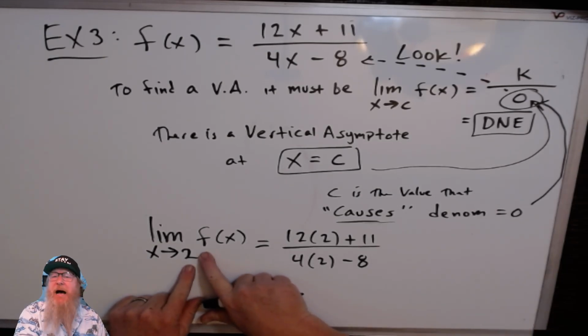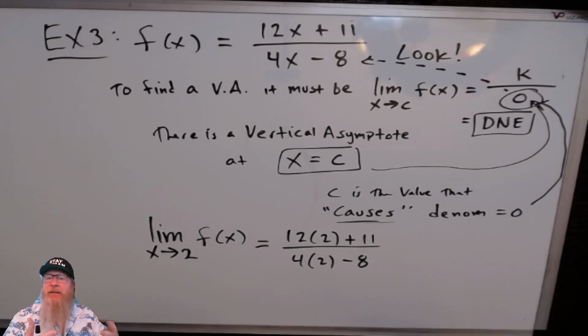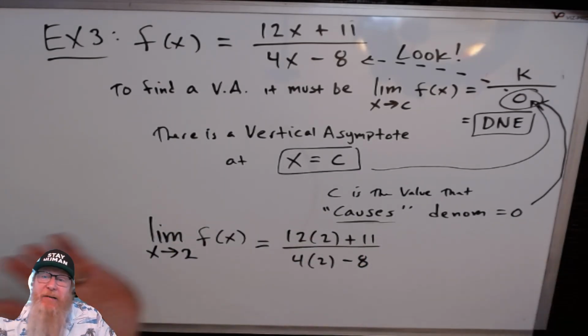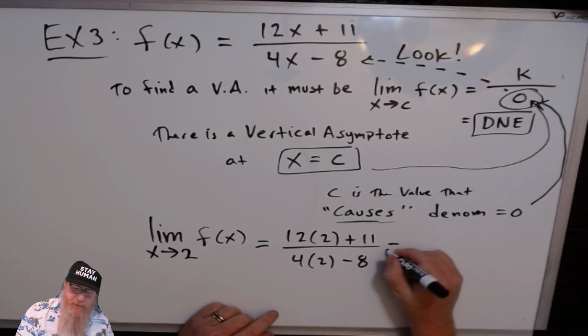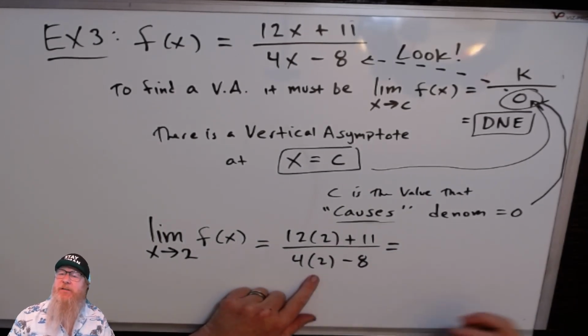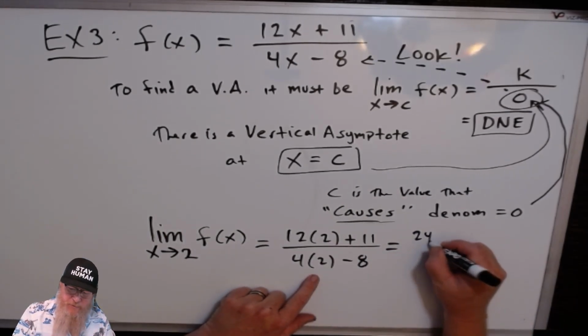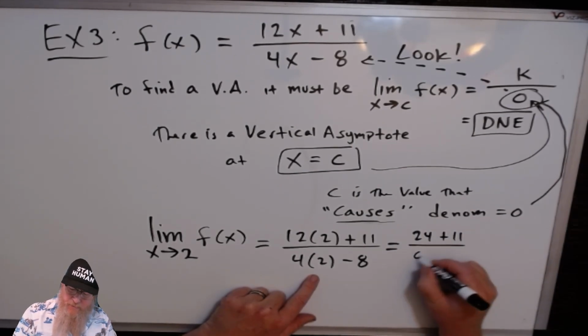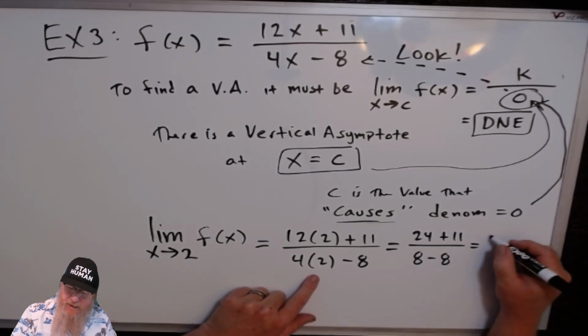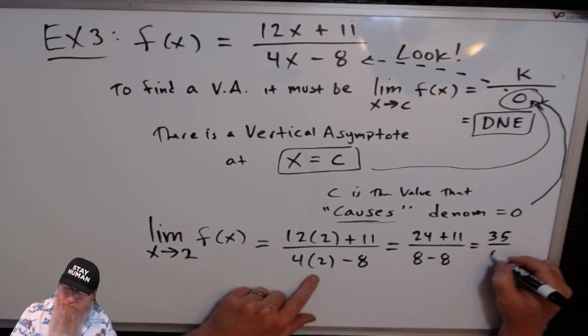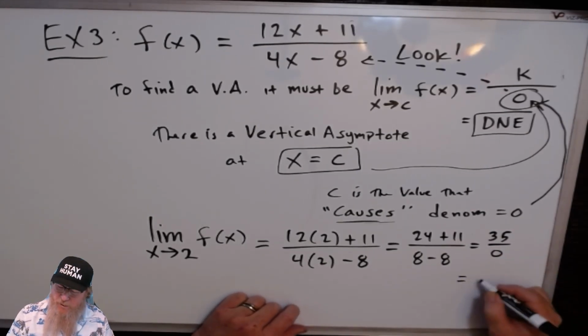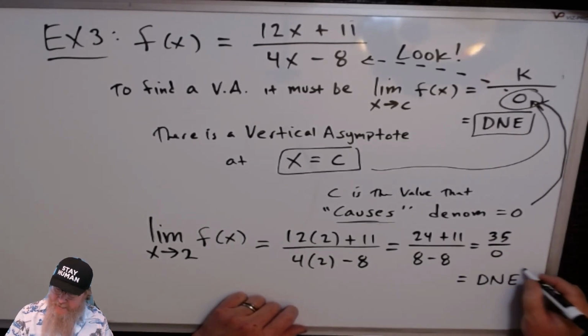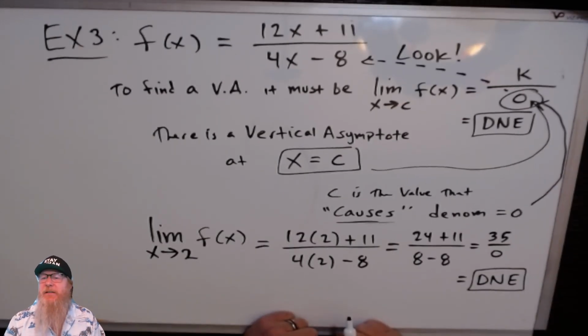At this point, I'm not being precise about what side I'm on. I'm just saying I'm approaching 2 generally, so we're getting very close to 2. I can just directly substitute in the 2, and you'll see that you get 35 over 0, which is DNE. So this limit does not exist.